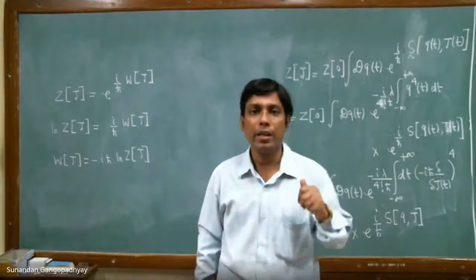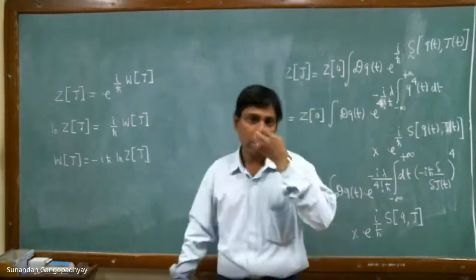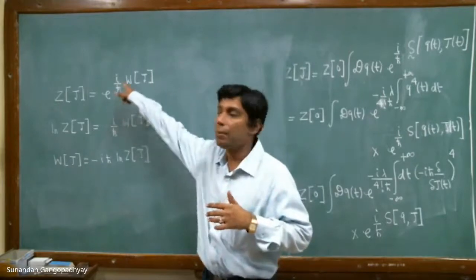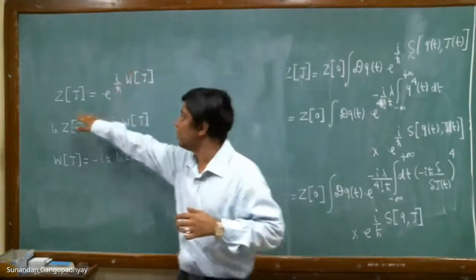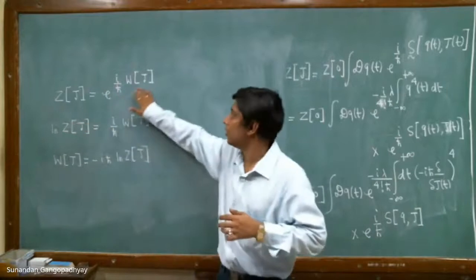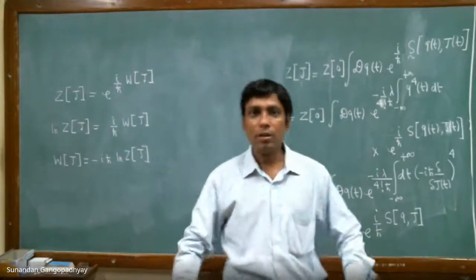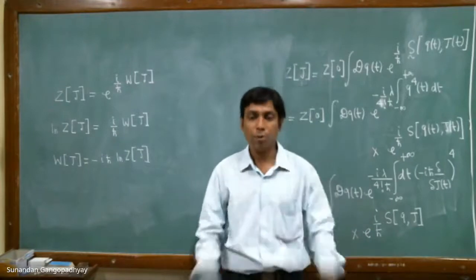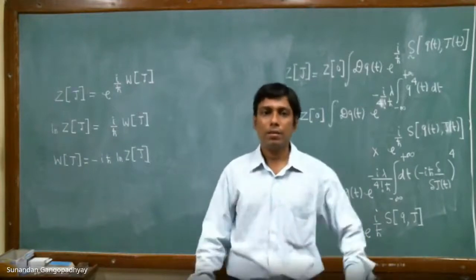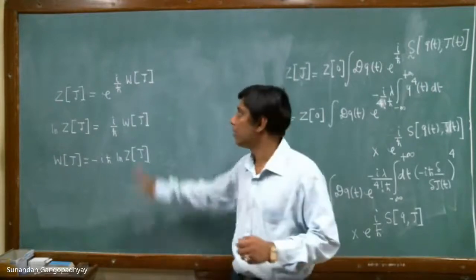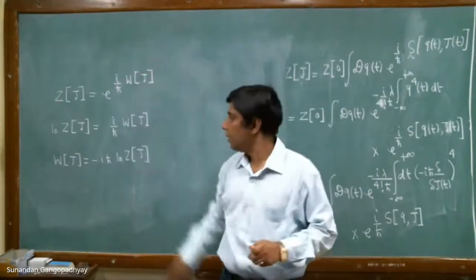F is the free energy of the thermodynamic system. And here also you have a similar relation, e to the power of i/ħ W[J]. So if this is like the partition function, this is like the free energy. I have not explicitly shown you the correspondence, but you should have some sort of idea about this object.